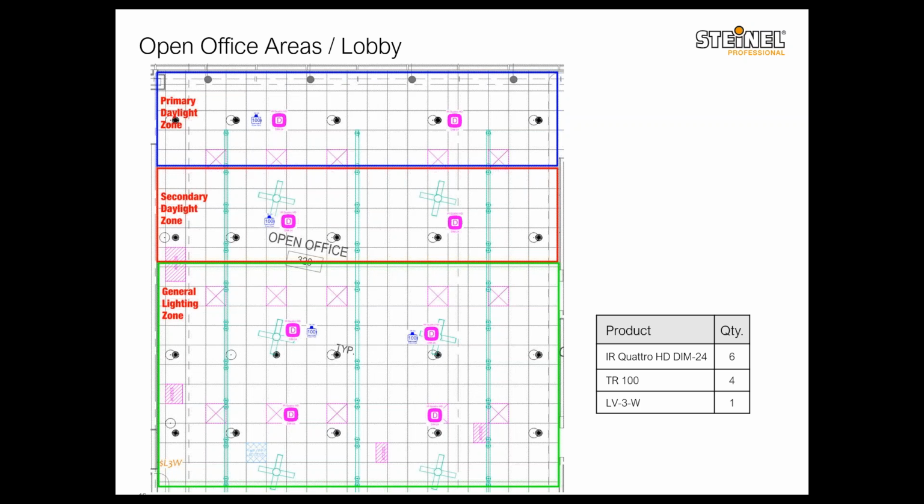So for such a big space, you would need probably 6 IR Quattro HD DIMM-24s, 4 TR100 power packs, and a 3-button momentary switch to control each zone. Obviously, if you have more zones and all that, we have to study it completely to be able to make the final decision on such a big open office area.